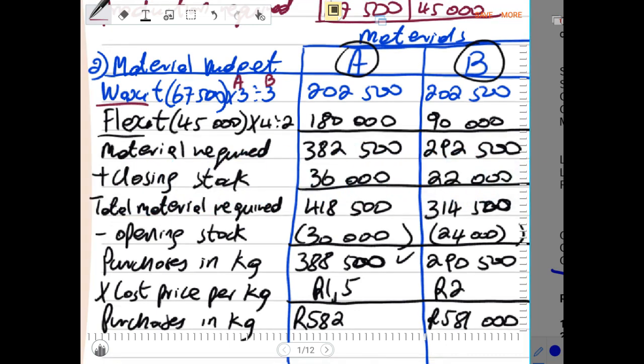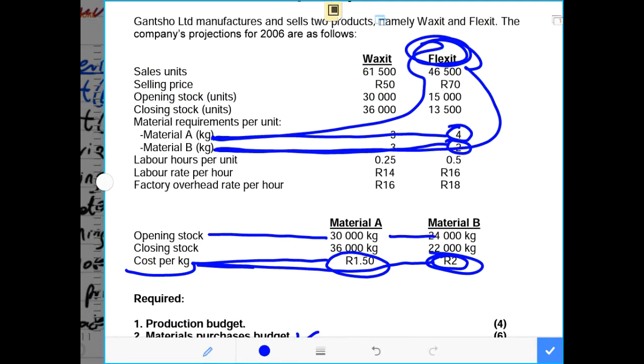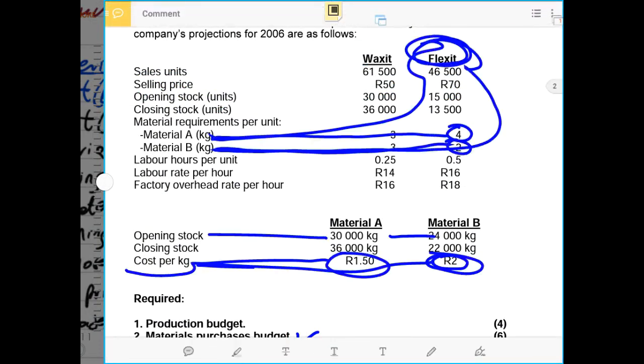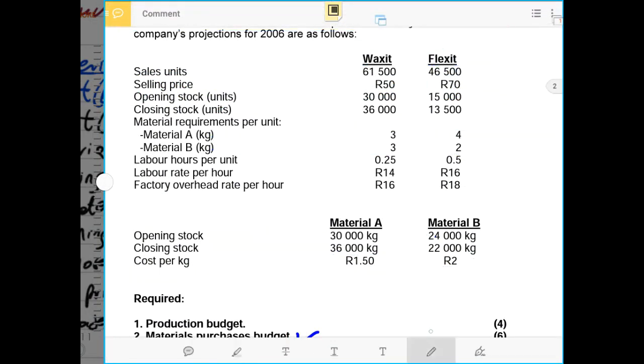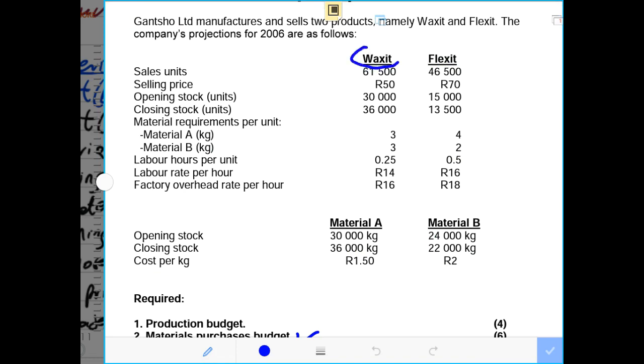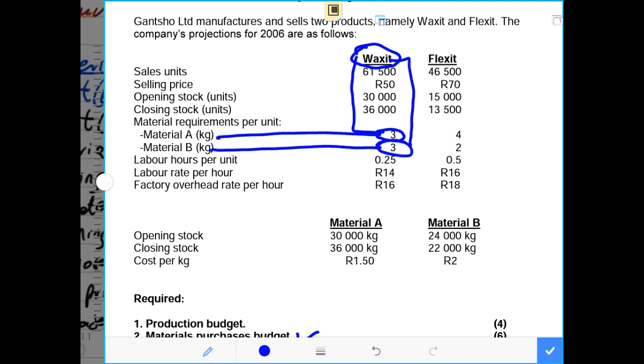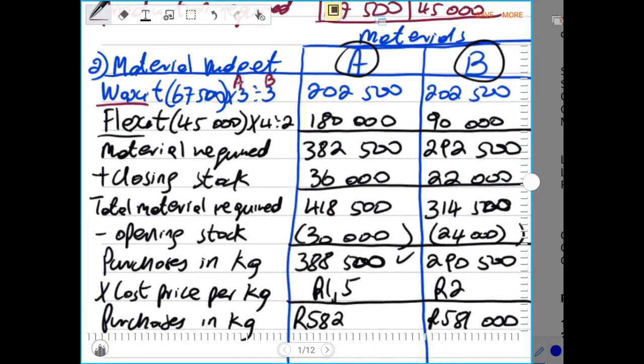Why do I say that? Because the exercise told us that product Waxit requires 3 kgs of material A, and product Waxit requires 3 kgs of material B. This is per unit, which is why I allocate the A and the B, which is 3 and 3.